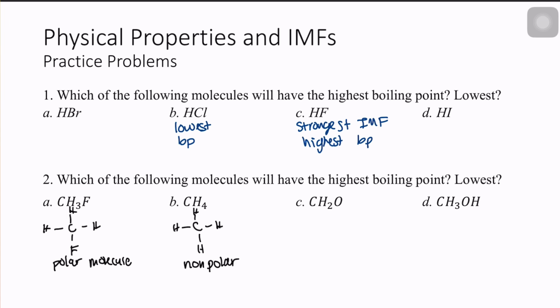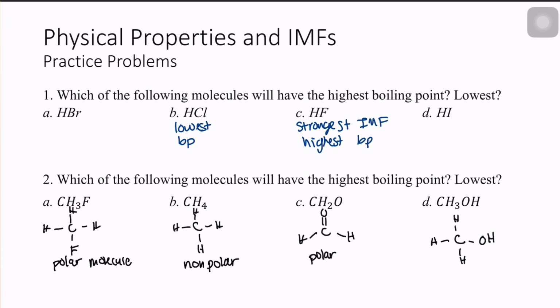I have my central atom surrounded by the exact same atom. Formaldehyde, we've looked at a couple times already in this video, and it's going to be a polar molecule. Finally, methanol is going to have my carbon in the center. We're going to have the three hydrogens, but now an OH coming off.